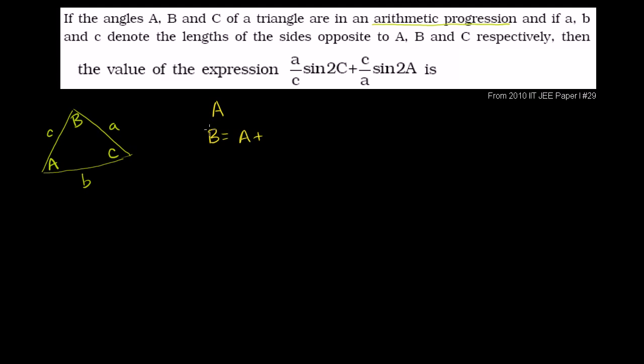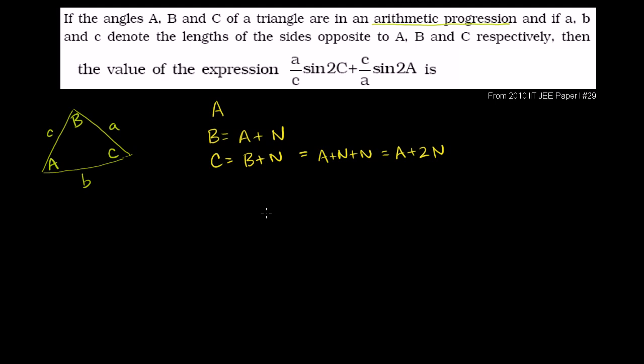We don't know what that is. It could go up by 1, by 2, by 10. So B is A plus n, and then C would be equal to B plus n, which is A plus n plus n, which is equal to A plus 2n.